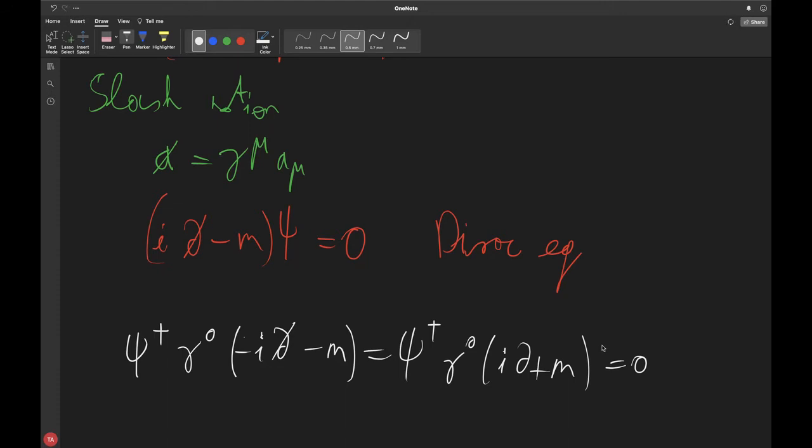So please note that in this case, the partial operator acts to the left.